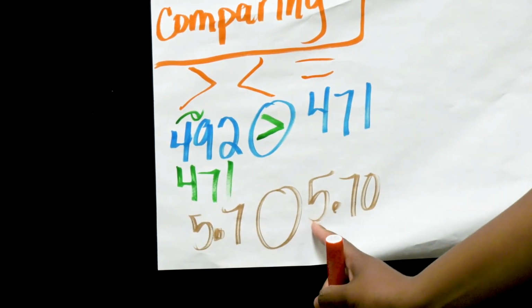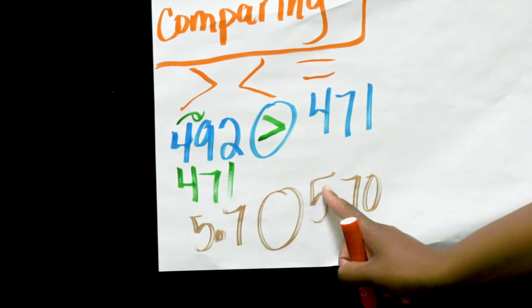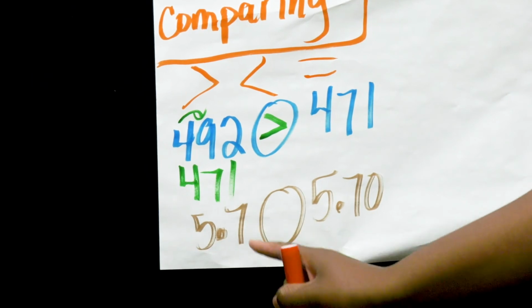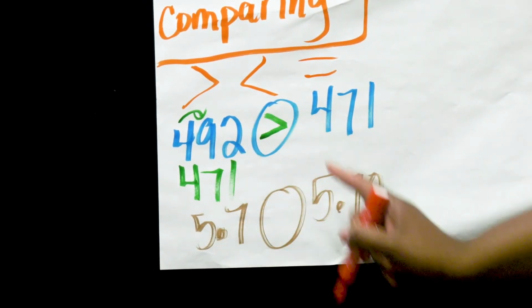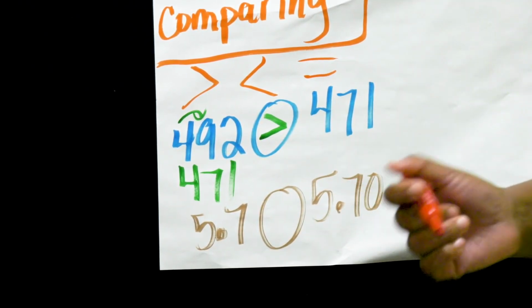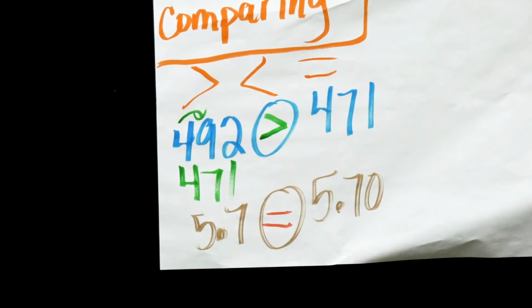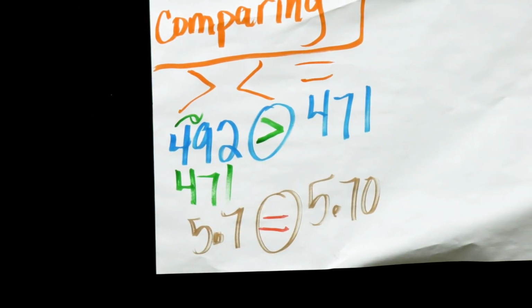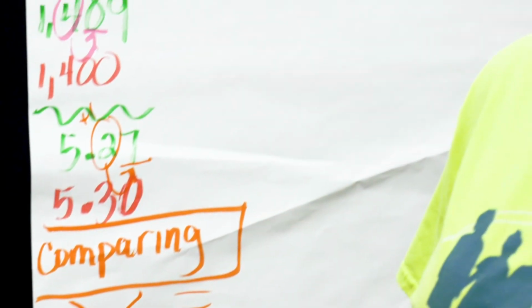Start with your place value in front of your decimal, which is your whole number. 5 and 5 are the same, move over. Tenths place, 7 and 7 is the same, move over. Then we have nothing and 0. Guess what? 0 is no value. It has no value and it's equivalent to nothing. So this is equal. 5 and 7/10 is equal to 5 and 70/100. Written differently, said differently, but the same value.